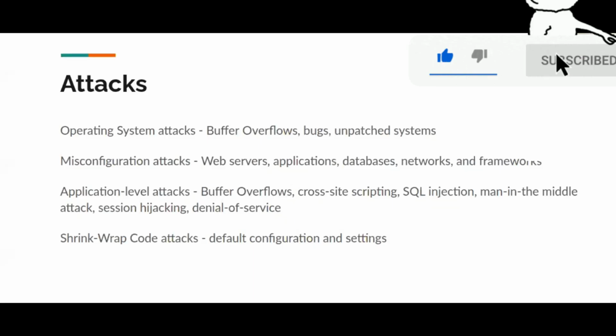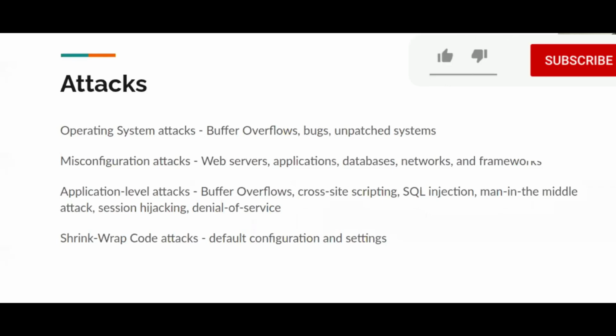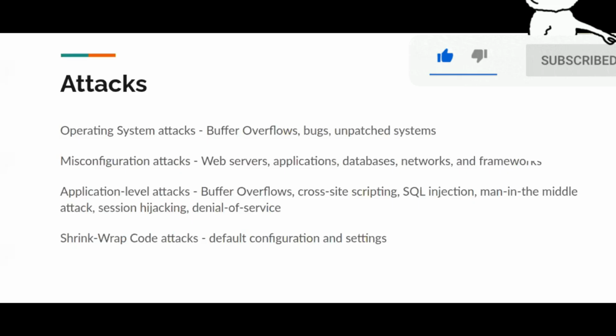I've already explained buffer overflows, and operating systems still have a lot of software with bugs that have not been patched yet, because only when these bugs are discovered will a vendor be given the responsibility to patch them. So you would find these kinds of attacks in an operating system.